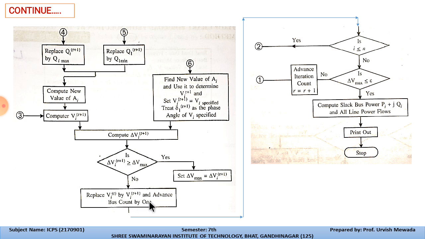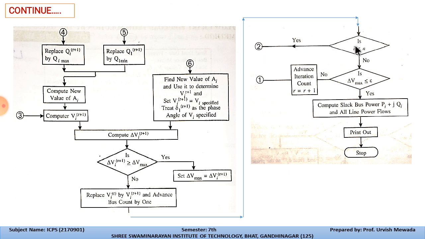And if it is no, then the process goes ahead: replace Vi^r by Vi^(r+1), meaning the answer of the second iteration will depend upon the output of the first iteration. That's why Vi^r becomes Vi^(r+1), and advance the bus count by 1. If i is less than or equal to n, and it is yes, then it will go towards number 2, which we already discussed.